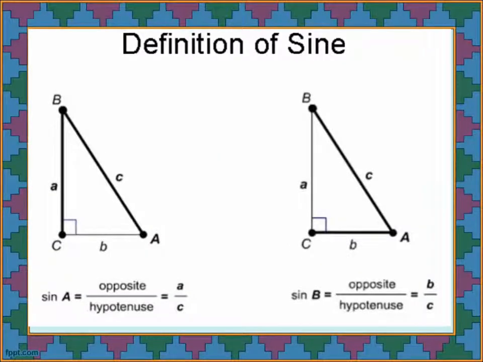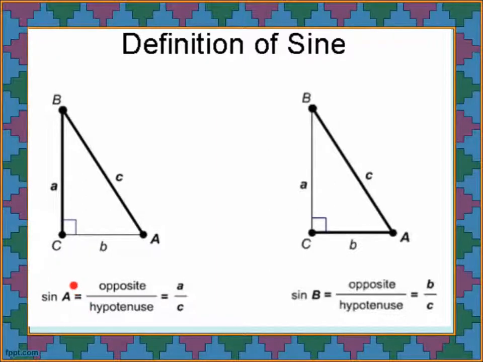So let's go back to the basics of when we first learned about SOHCAHTOA. Let me grab my pointer tool here. Sine A, sine is opposite over hypotenuse.